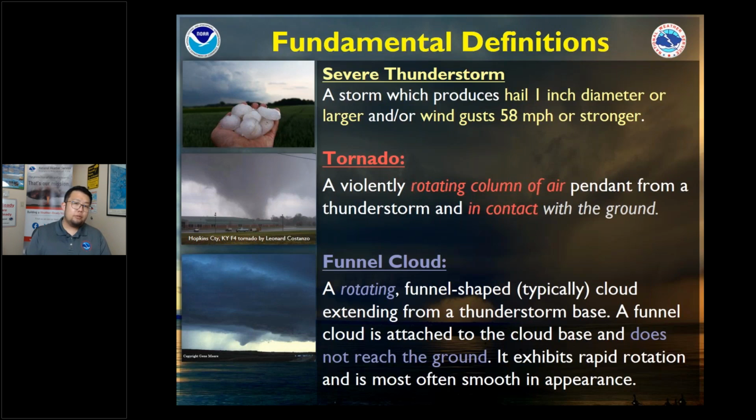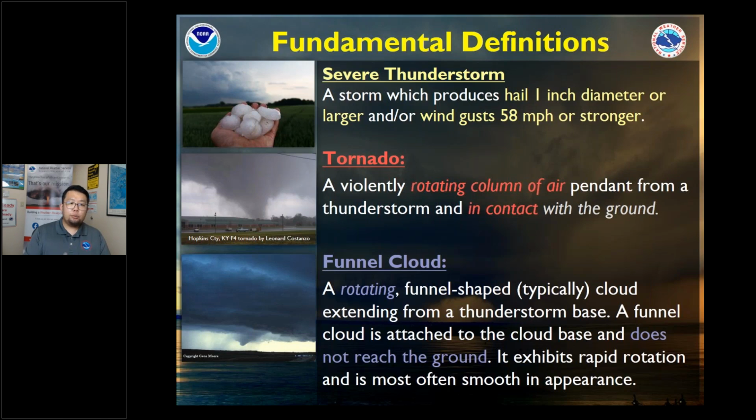So those are very specific criteria. Again, hail 1 inch diameter or larger, and wind gusts 58 miles an hour or stronger. Again, we're not expecting you to know exactly what 58 miles an hour is, but we'll get to that in a moment. There's other ways of helping us report when a thunderstorm is severe.